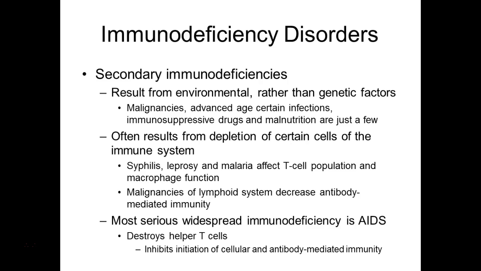One of the major causes of people reaching this status we refer to as AIDS was HIV infection, because this particular virus destroys your helper T cells, which are CD what? 4. It's that CD marker that the virus attaches to and destroys those cells that are so necessary in our adaptive immune response.